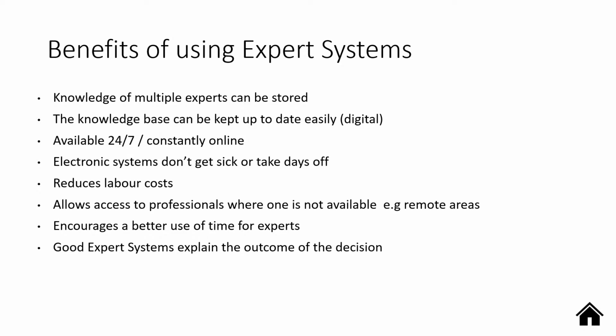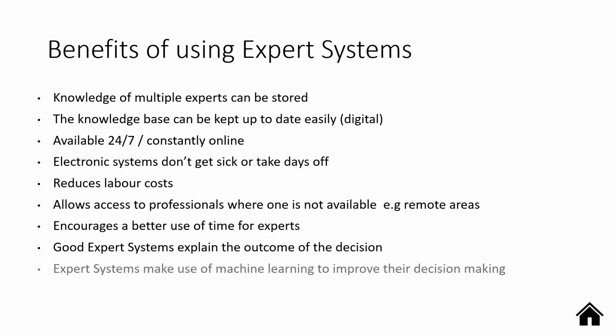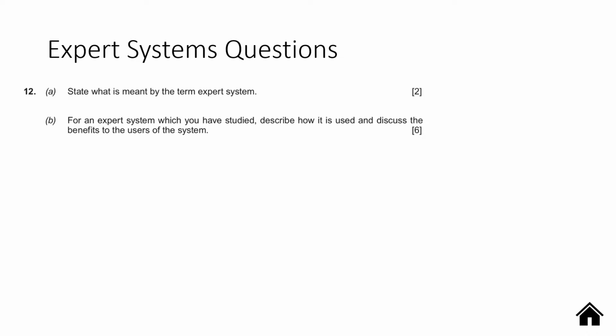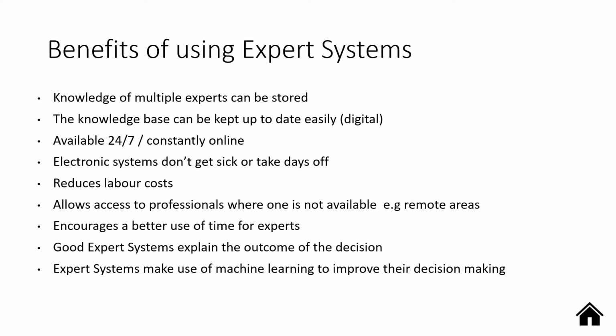So they will say, oh, actually, you've got a cold, but you might have acute sinusitis. And it will give you a percentage. It'll say 89% we think is a common cold. We think 50% it could be sinusitis or something like that. Expert systems make use of machine learning. We talked about that one. So they are your benefits. Happy days. Benefits of expert systems.